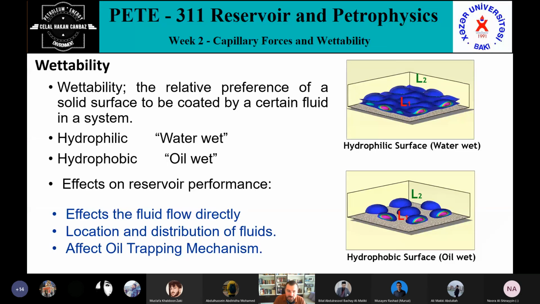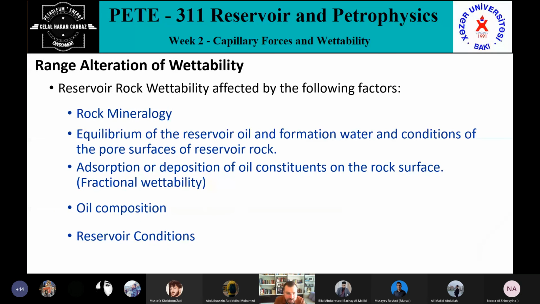All right, so the range and alteration of wettability. Wettability is affected by these factors. As you can see, there are 5 different factors here. First of all, the rock mineralogy. The minerals in the pores as well as their distribution directly affect the wettability. Because of that, each reservoir and each rock sample is not the same as another.